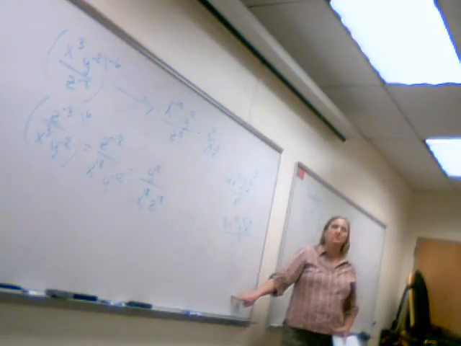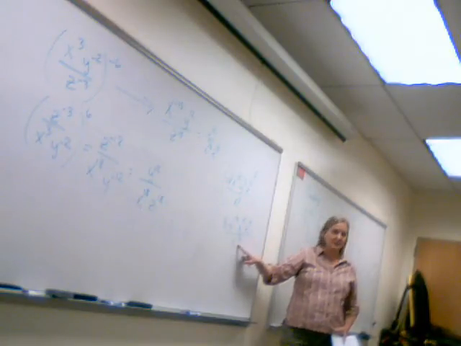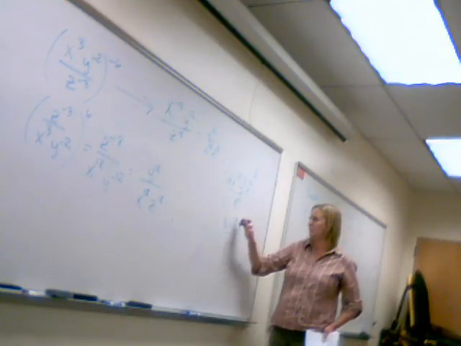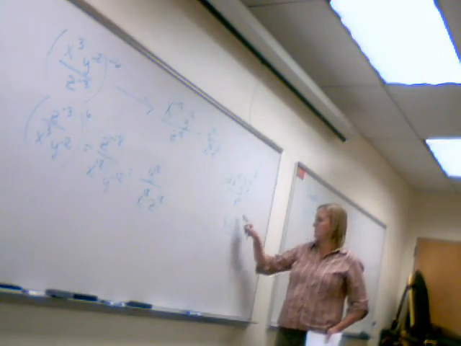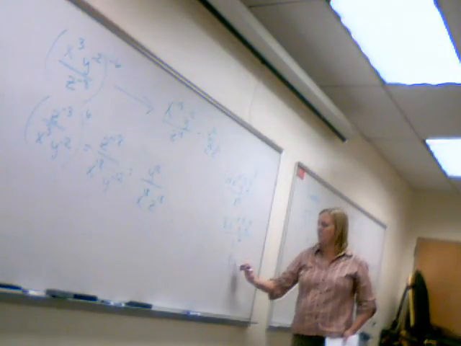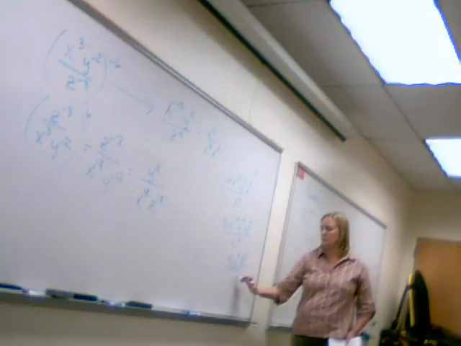X to the 21. So what I'm saying is negative 6 minus 15 is a negative 21, which means it comes on the bottom. So, 8, y to the 9, z to the 6, x to the 21.